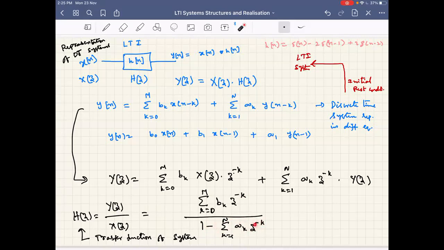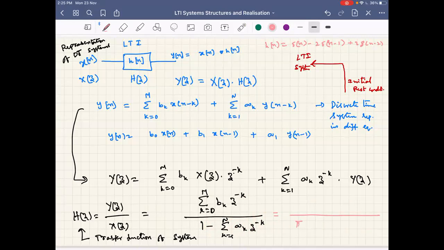Okay, so this can alternatively be written in terms of the poles and zeros as well. So the roots of the denominator polynomial give the poles, and the numerator polynomial gives us the zeros. So it can also be written, though I think we are not very much interested at this point of time.